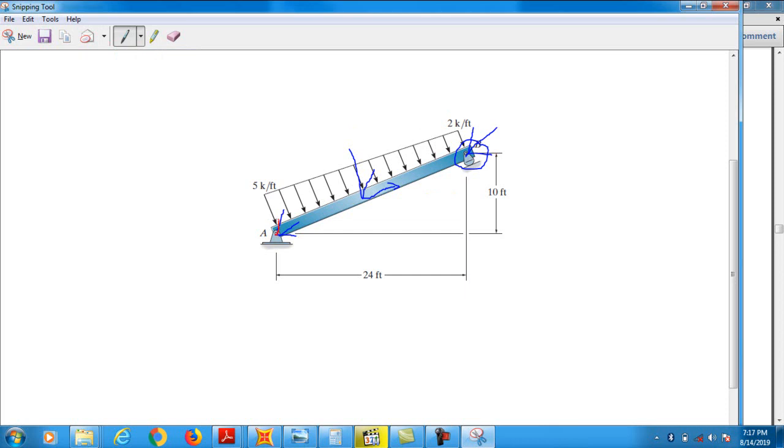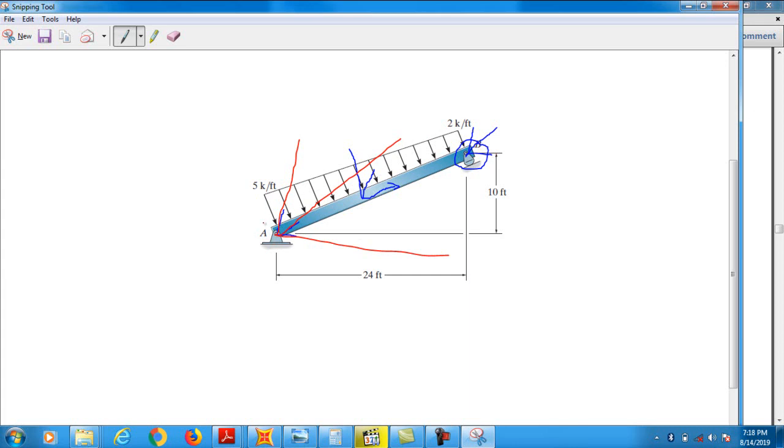Clear? So if the global axes are there, now all the points of the structure are located with reference to the origin of global axis. Clear? We cannot change the global axis.